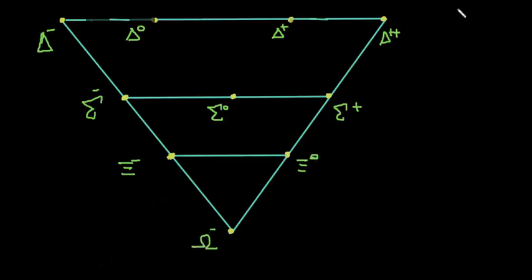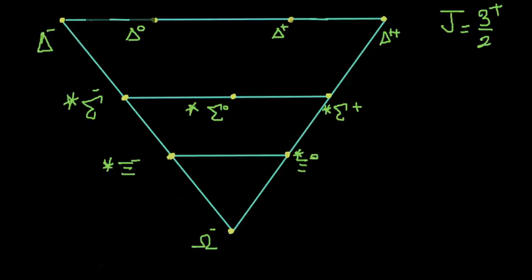Now please remember, since this baryon decuplet is for J equal to 3 by 2 plus, the total angular momentum is 3 by 2 and the parity is positive for all the particles. So we give cascade and sigma a star, to distinguish between total angular momenta, as both cascade and cascade star have different angular momentum as we have seen earlier. So these are the arrangements of the particles.